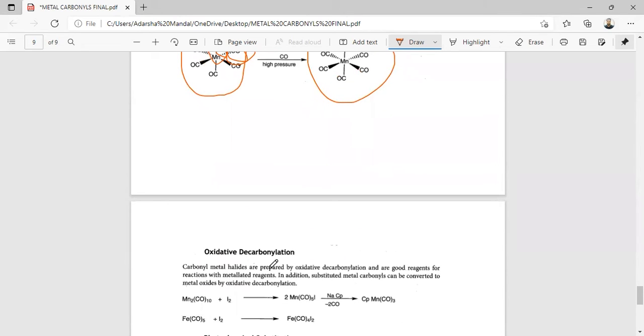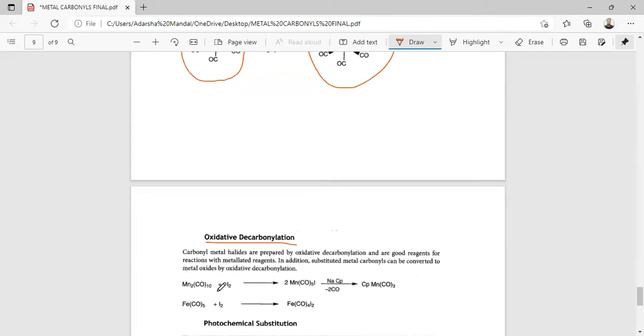So next was the oxidative decarbonylation. Carbonyl metal halides are prepared via this oxidative decarbonylation, and this is a good reagent for reaction with methylated reagent. In addition, substituted metal carbonyl can be converted to the metal oxide by oxidative decarbonylation.